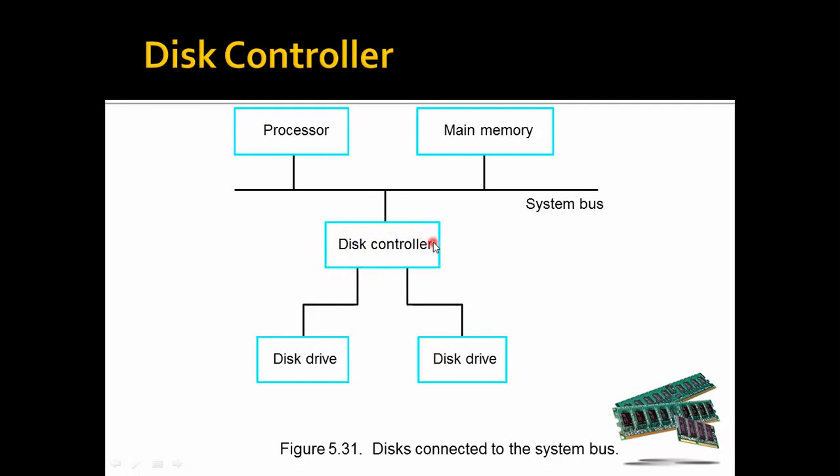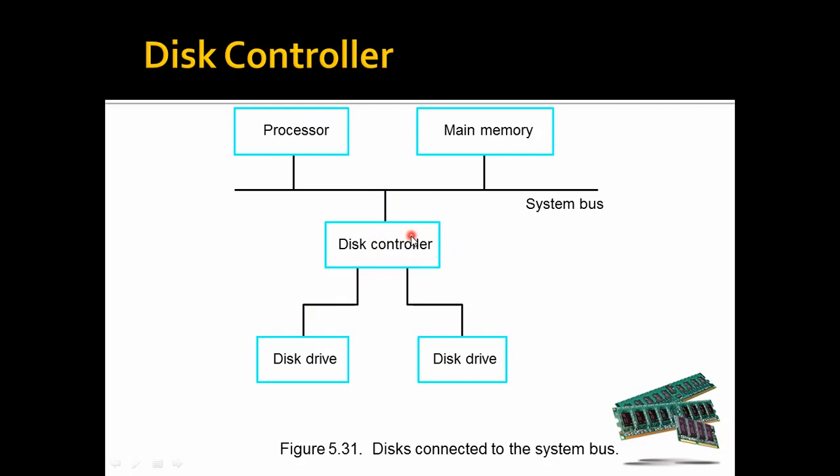That means we take data from the hard disk and we store data into the hard disk also. That means we are doing read and write operations on the hard disk. All the operations are controlled by this disk controller.